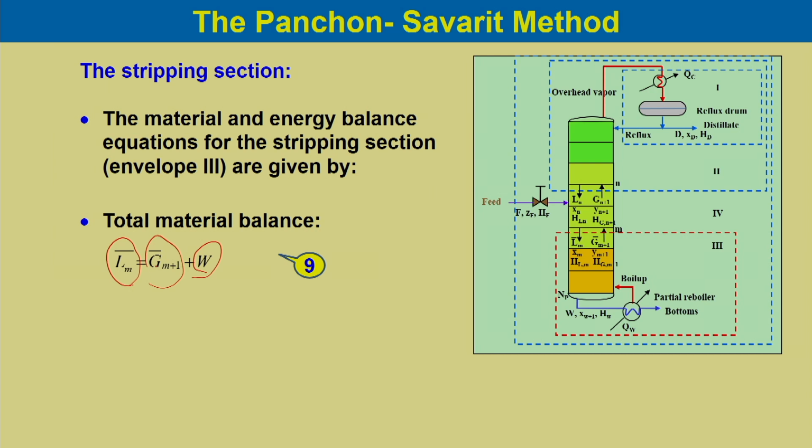So, equation 9 is the total material balance in the stripping section.